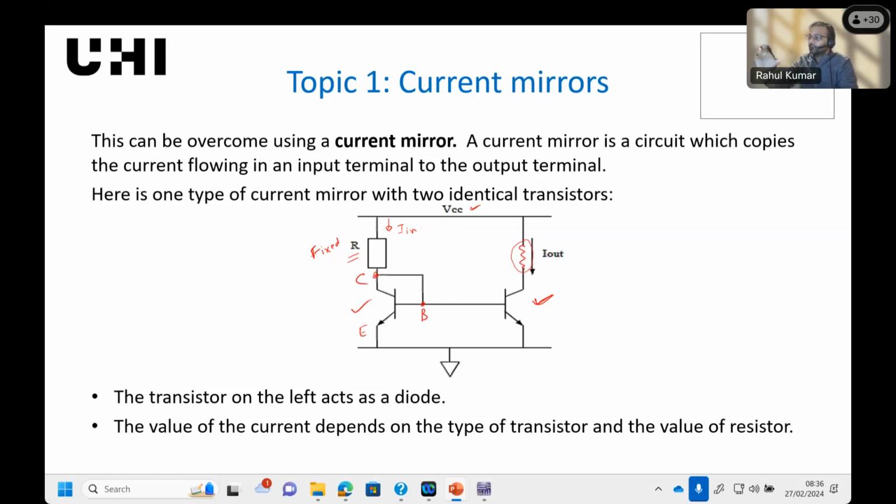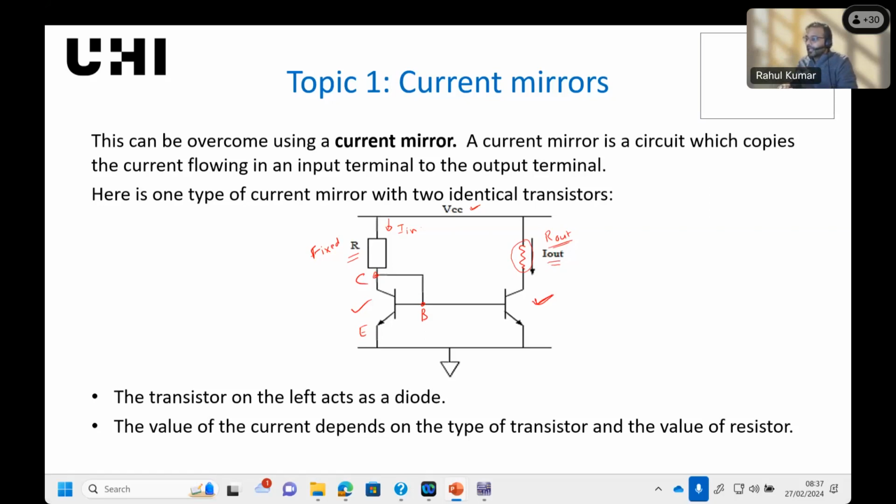So we have to connect an output resistor. What would happen is, if you change the value of your output resistance, even then your current will not change. In the case of current mirror, you will always get the same value of current even if you change this output resistance.